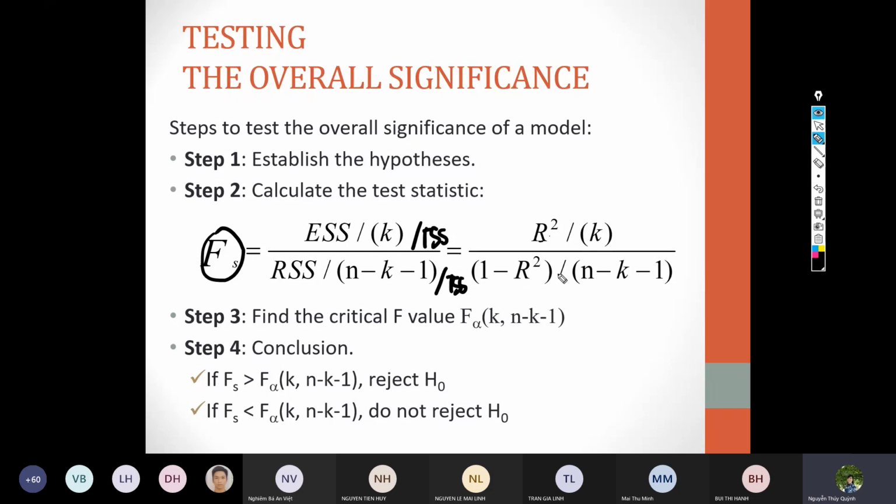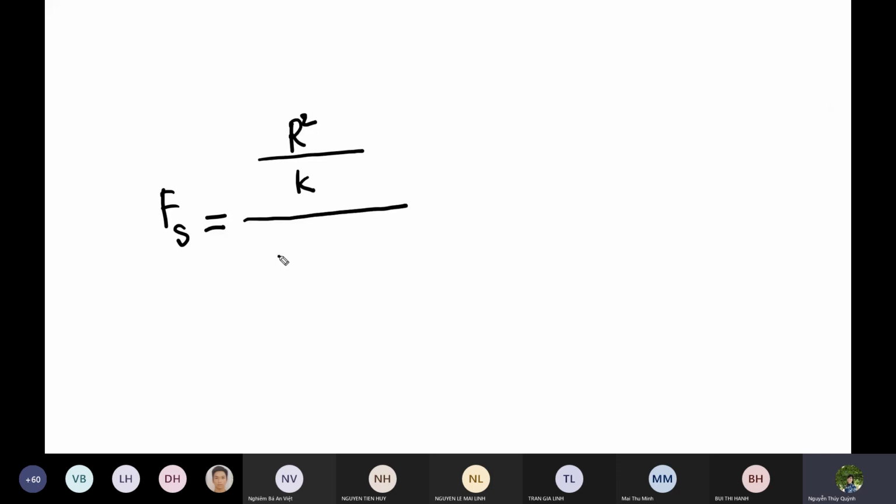So, rewriting the test statistic, we have f, the observed value of f, equal to R squared, the coefficient of determination of the model, divided by k, over 1 minus R squared divided by n minus k minus 1.